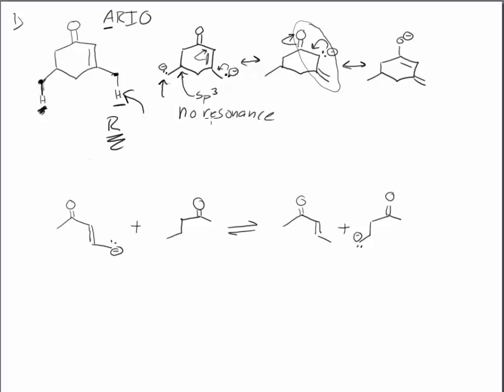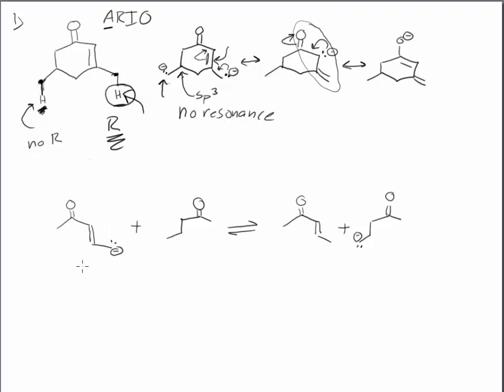We need an adjacent p orbital, whether it's an empty orbital like in a cation, or it's part of a pi bond like we saw on the right side of the molecule. So the left side has no resonance. We'll just say no R. And there is R on the right side. So the more acidic hydrogen is this one that I've just circled. That's going to be the more acidic hydrogen on this molecule.